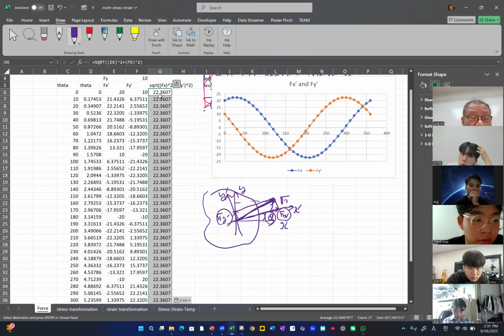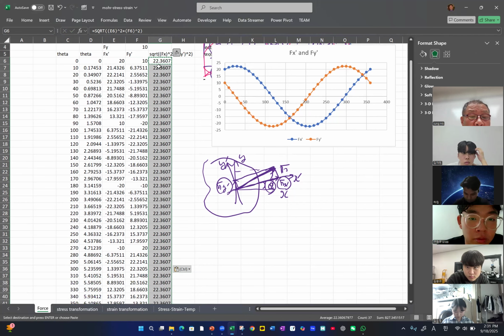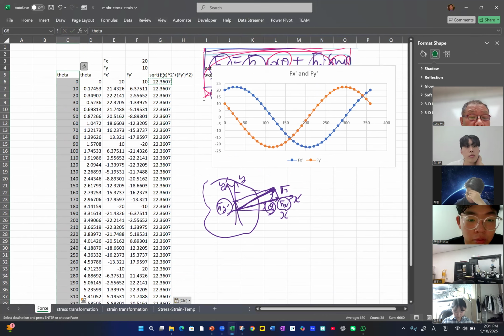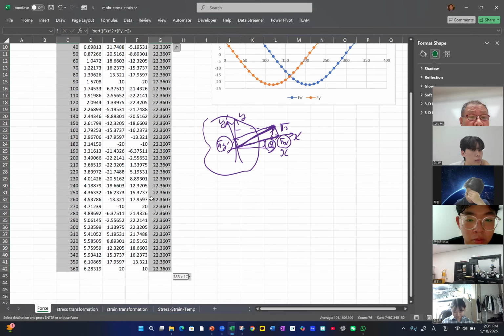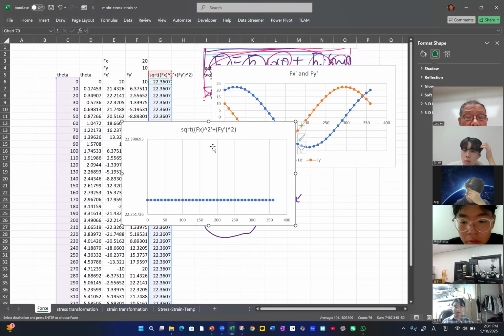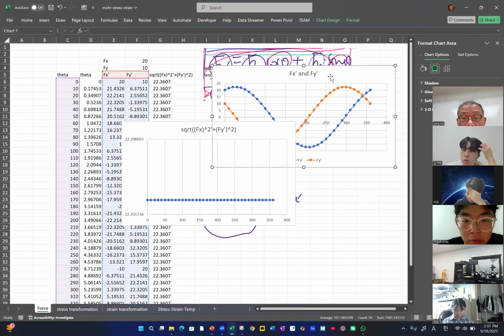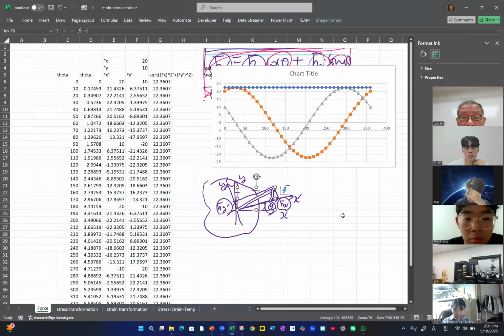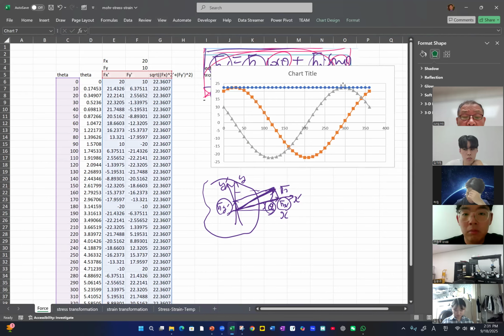As you can see, or as we can expect, the magnitude would not change, and we can simply add this term from here to two columns and insert and plot, and we simply copy and paste again here.